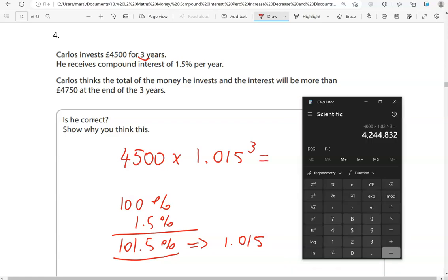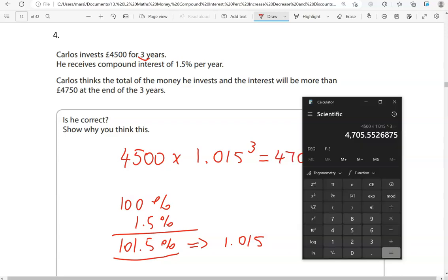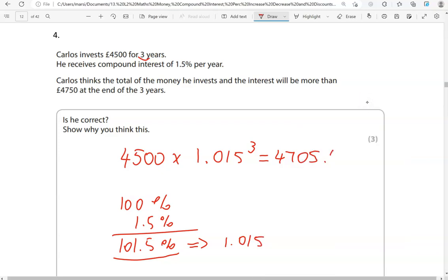So using a calculator, we'll go 4,500 times 1.015 to the power of 3, which is 4,705.5526, and so on.